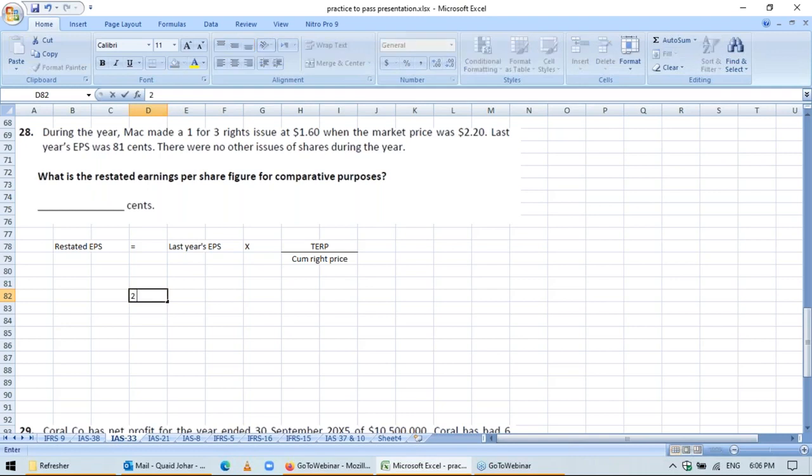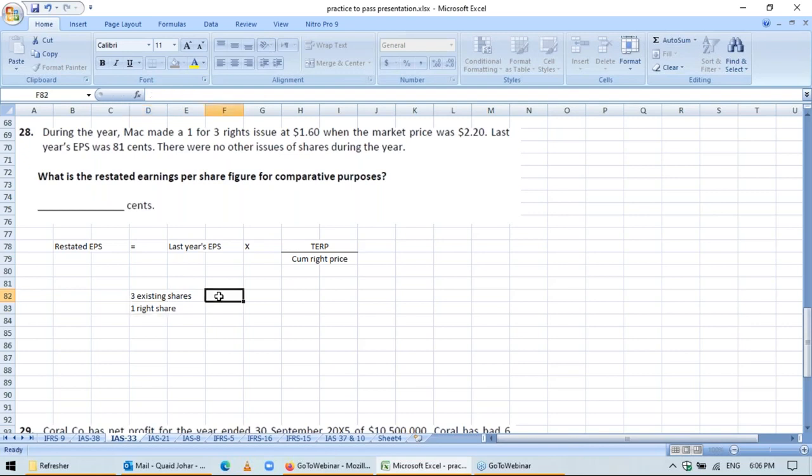So there were 3 existing shares and one more was issued, right?